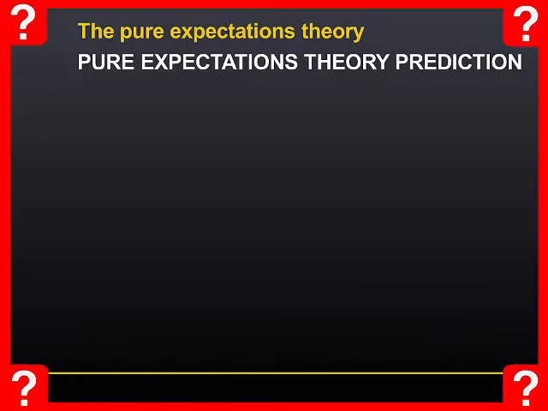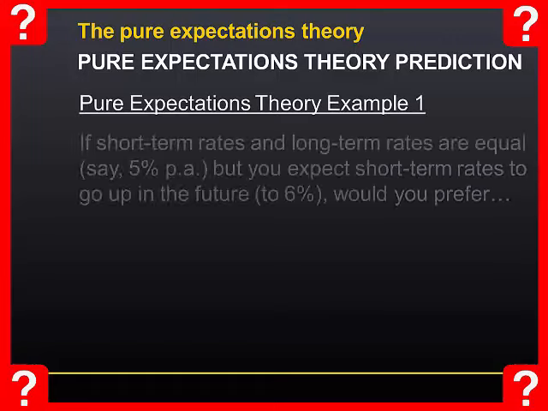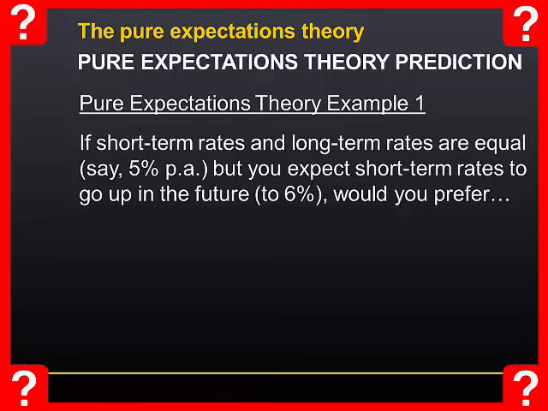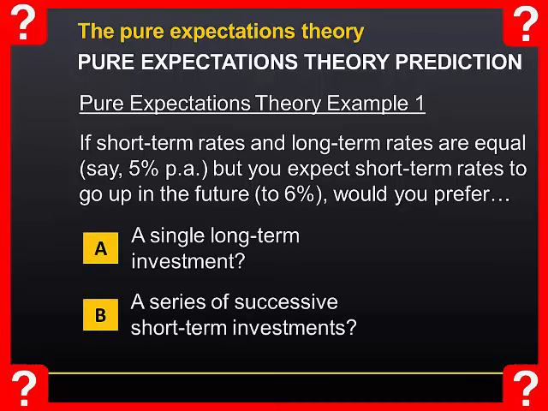Let's think through what logically follows from the assumptions that we have just made. If short-term rates and long-term rates are equal, say 5%, but you expect short-term rates to go up in the future, say 6%, would you prefer a single long-term investment or a series of successive short-term investments?